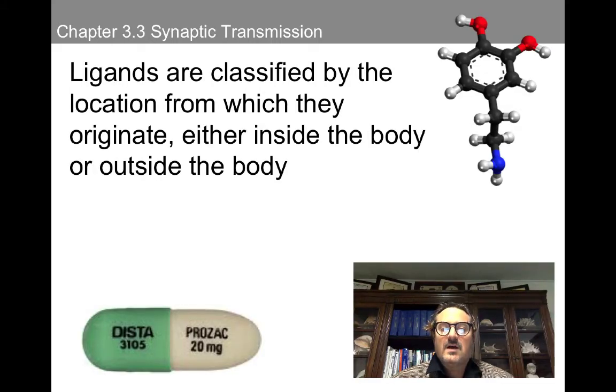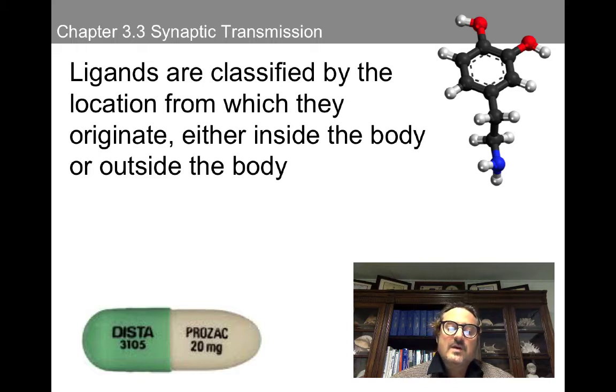A little bit more about ligands. Ligands are classified by the location from which they originate, either inside the body or outside of the body. So up to the right, we can actually see a dopamine molecule. Dopamine is actually produced inside the body. We're going to learn that the dopamine is produced in the midbrain and the basal ganglia.